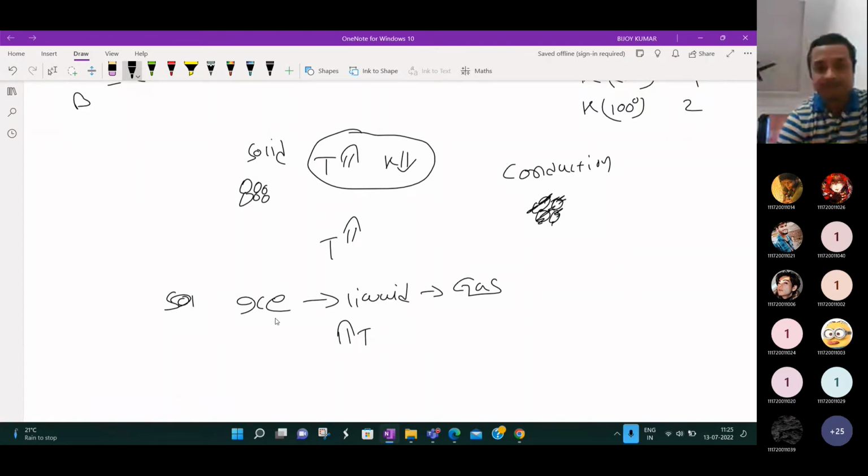What is happening to the molecular distances? The molecular distance increases with increasing temperature.